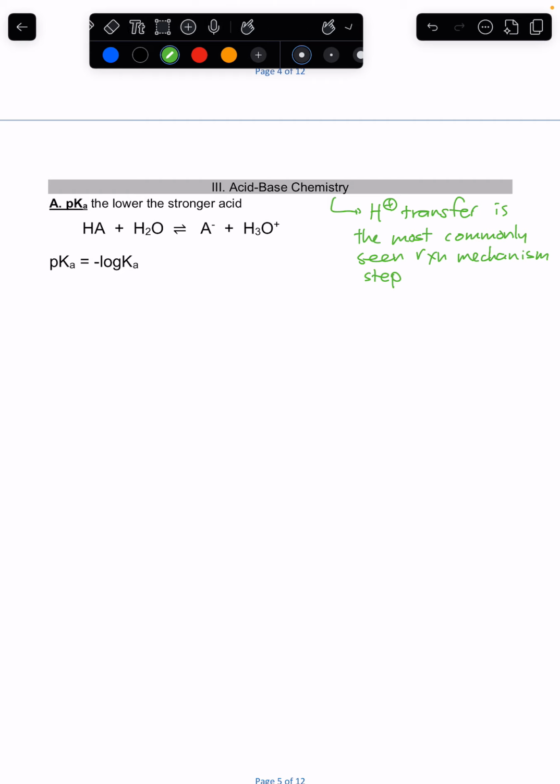But this right here, let me get a pointer, is how an acid-base reaction can be depicted in a generic sense.